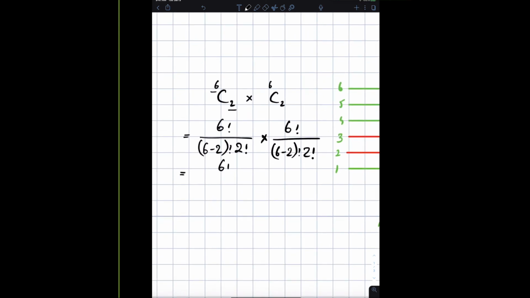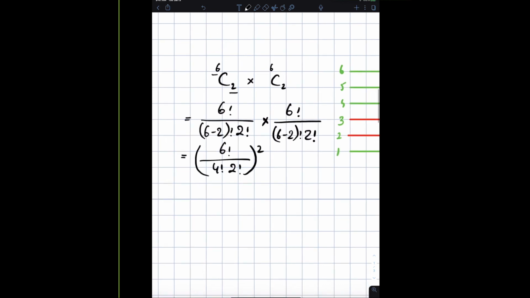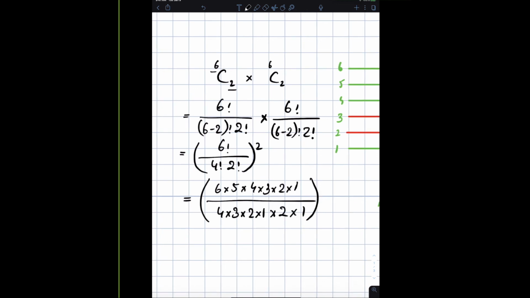So you're going to get 6 factorial divided by 4 factorial times 2 factorial, squared, which is the same thing as, so 6 factorial is 6 times 5 times 4 times 3 times 2 times 1. And I'll just write it out over here. 4 factorial is 4 times 3 times 2 times 1. And then 2 factorial is just 2 times 1.